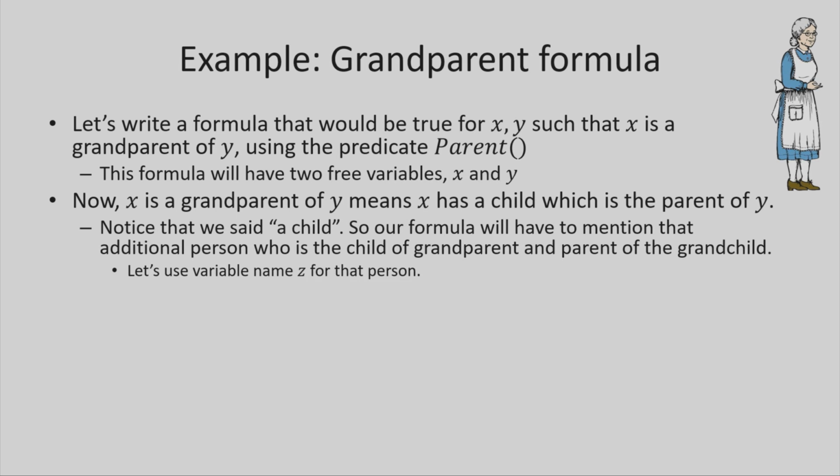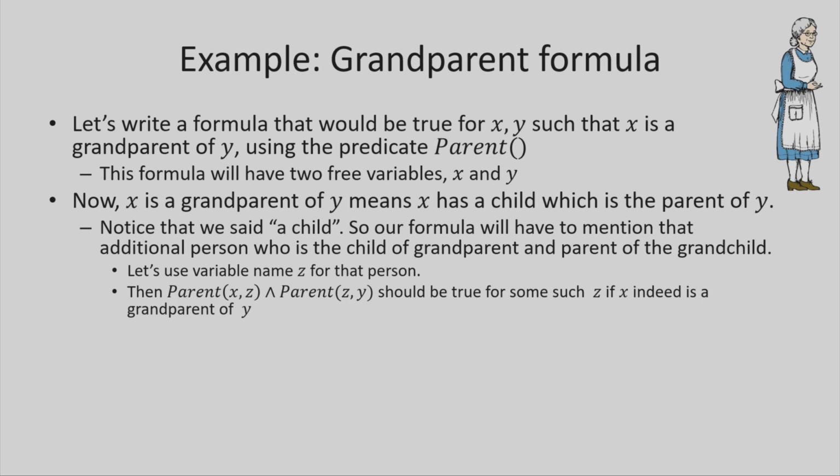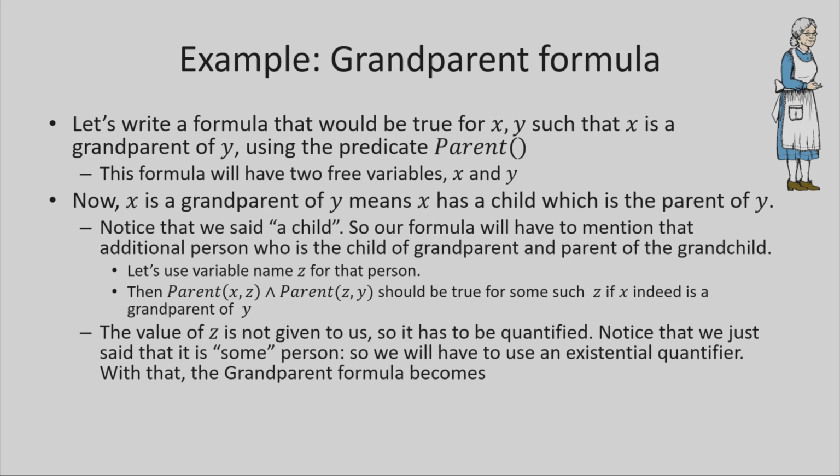Now, how are we going to quantify that variable? It's not given to us, so we have to use a quantifier. Well, not everybody would be the child of X and a parent of Y, even if X is a grandparent of Y. Well, if it's not everybody, it must be somebody. So there is somebody who is a child of X and a parent of Y. So for that somebody, the formula parent(X,Z) and parent(Z,Y) should be true.